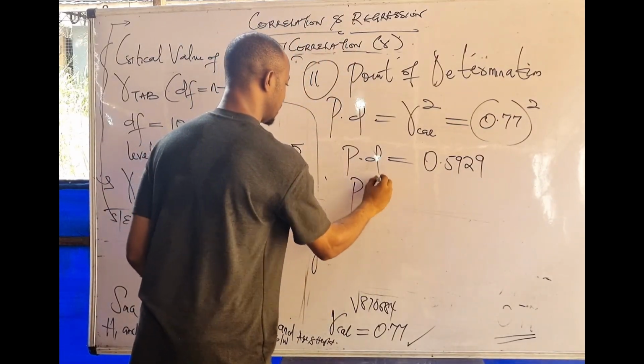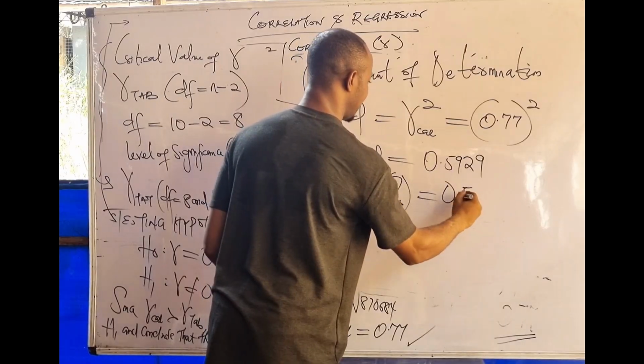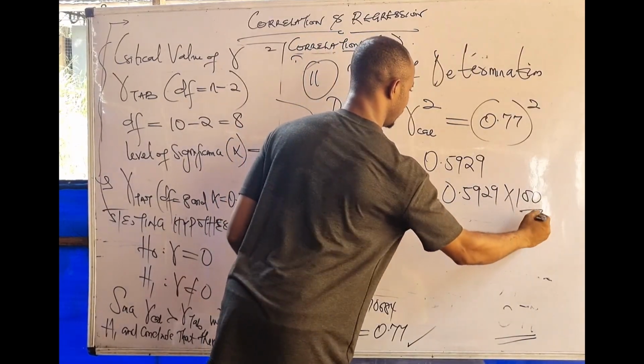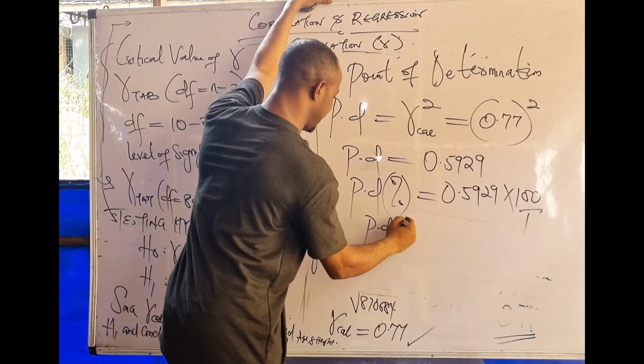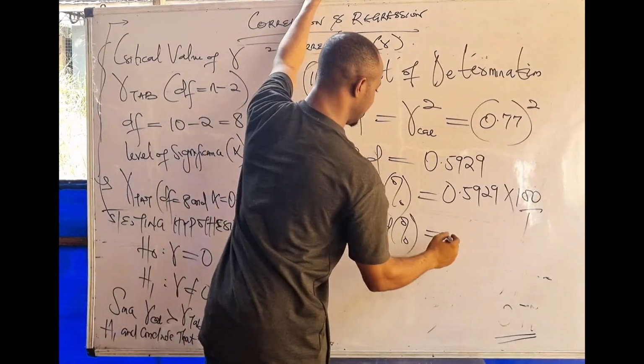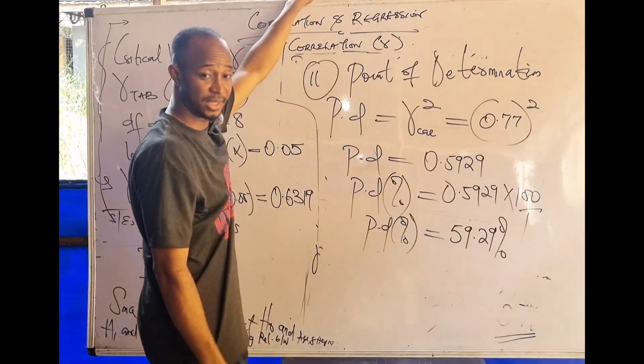So my PD in percentage will be 0.5929 times 100 over 1. Convert this to percentage. That will give us 59.29 percent. Do you get the concept?